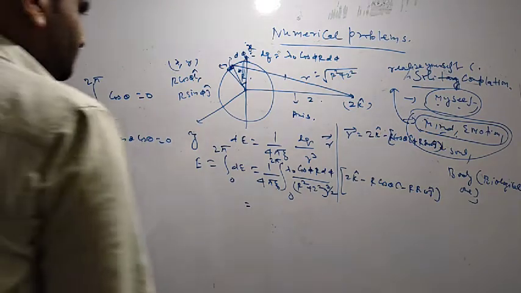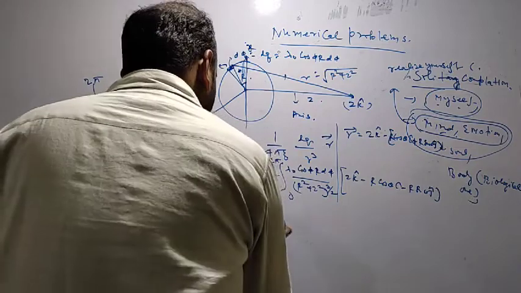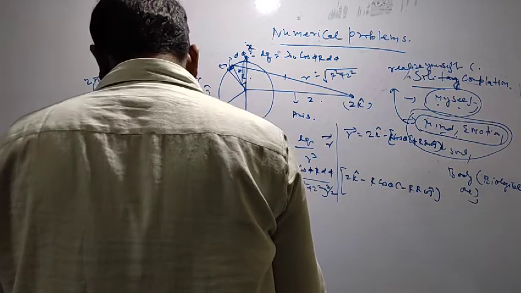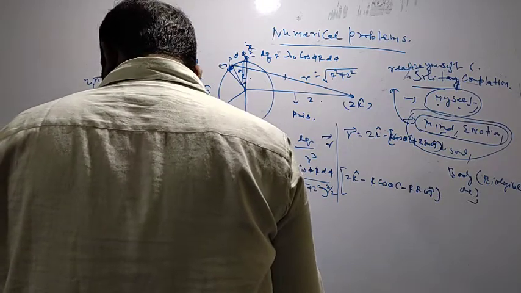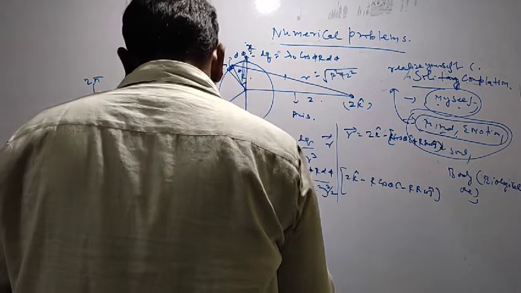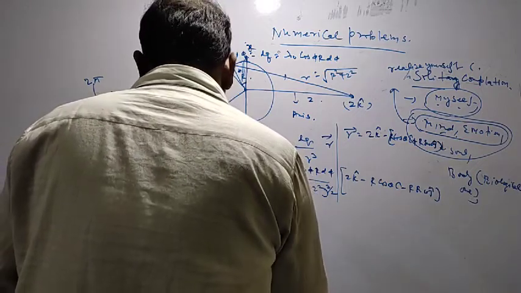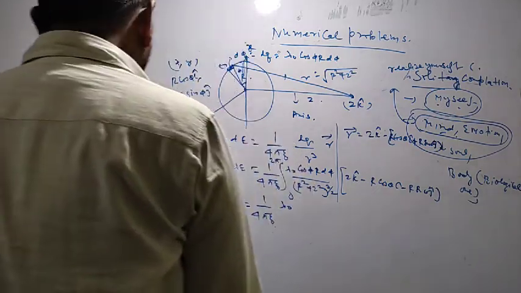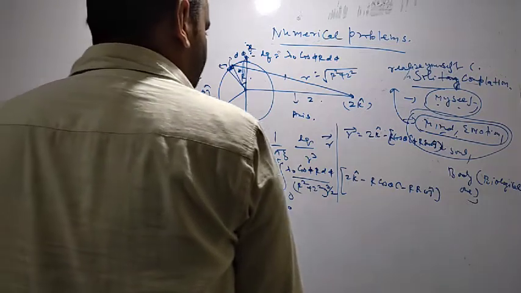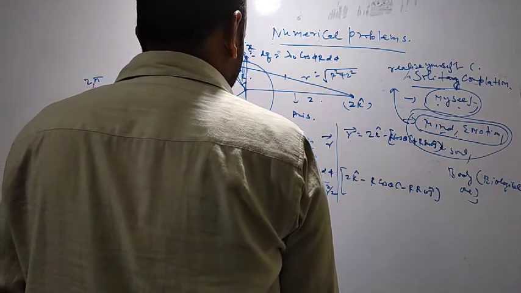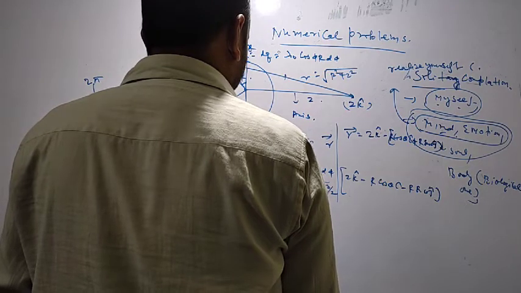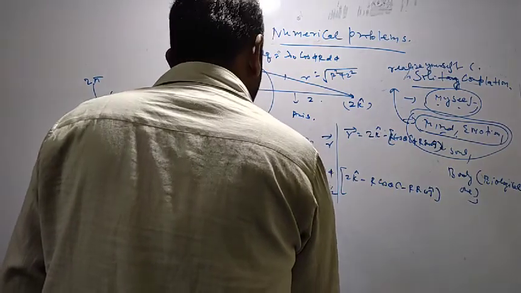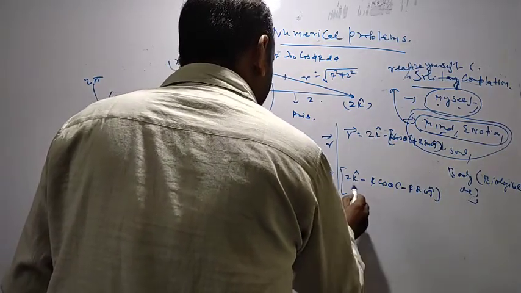So we are left with 1 by 4 pi epsilon naught lambda naught r square minus k.